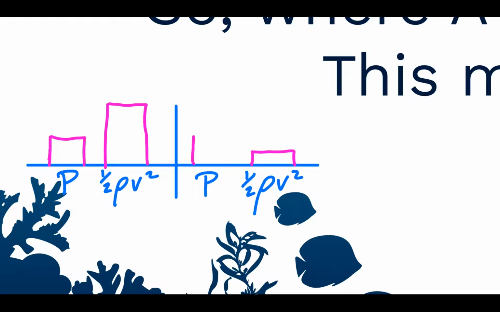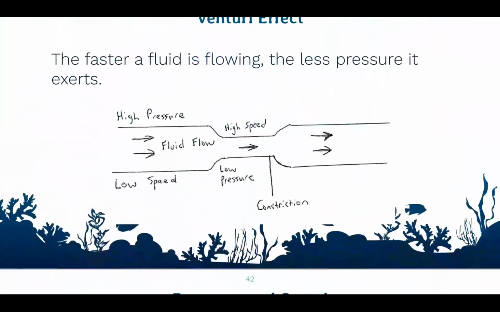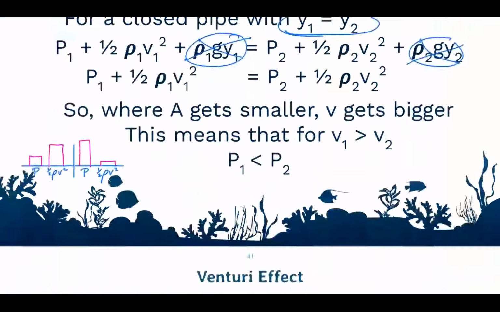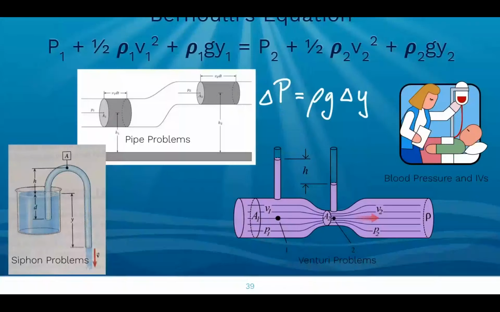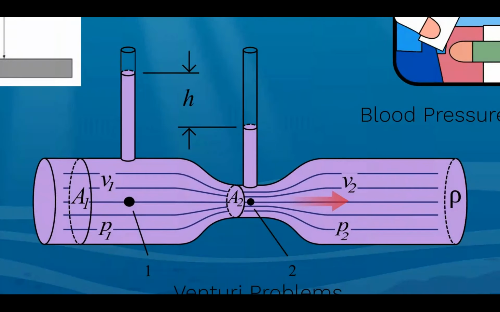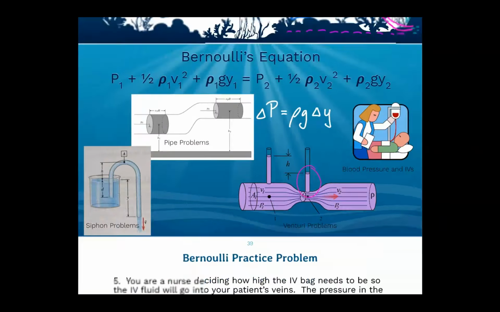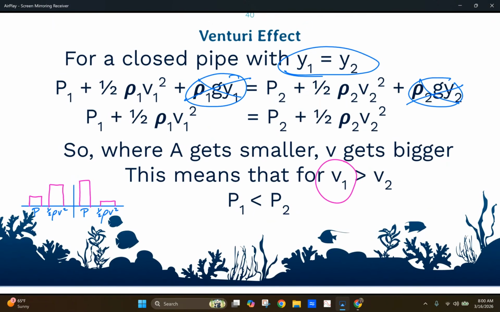Well, that means I must have a bigger pressure, which is so counterintuitive. So that means that the slower the air is going, the bigger the pressure is going to be. And that is how the Venturi effect works. And that's why the one where it's going faster has a lower pressure. So when your velocity is bigger, your pressure is smaller.